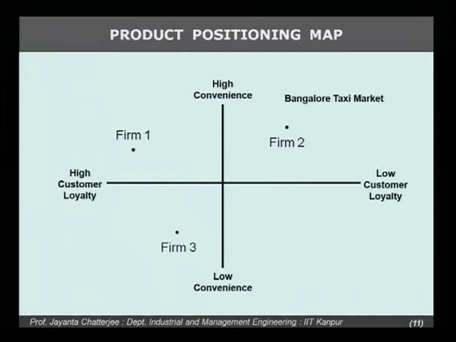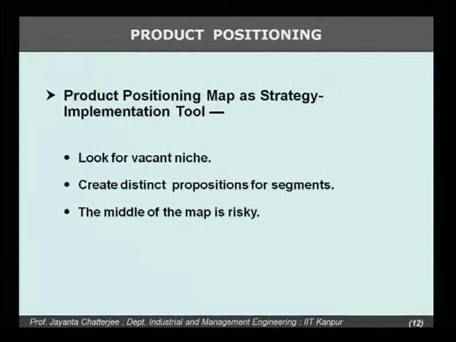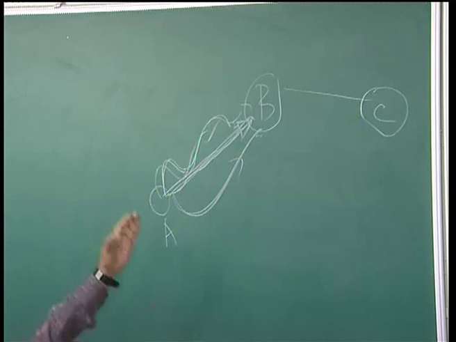So, if you have started with your position as firm number 3, you should be able to get to the position of number 1 if you have that flexibility built into there. So, use these maps, but be prepared to take an alternative route to reach your point of success.